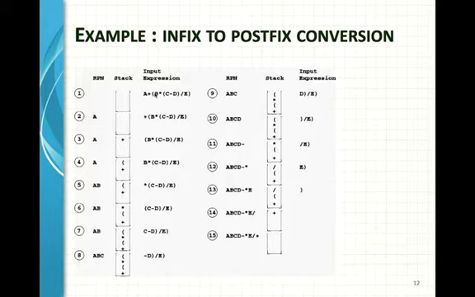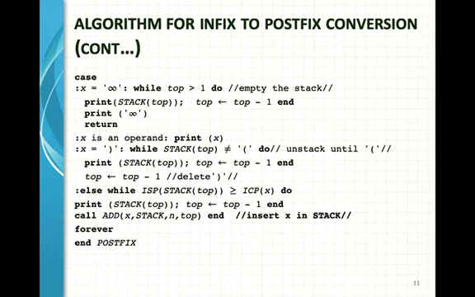If there is an operator, here the operator is plus, then what to do? This operator must be pushed in the stack if some condition is true. What is the condition? Let's take a look at our algorithm.